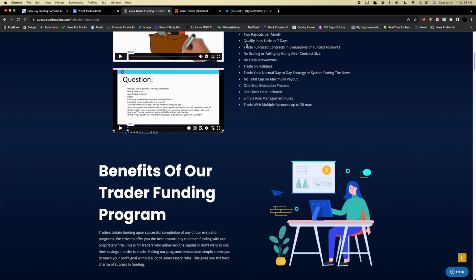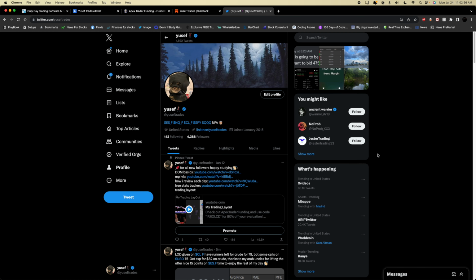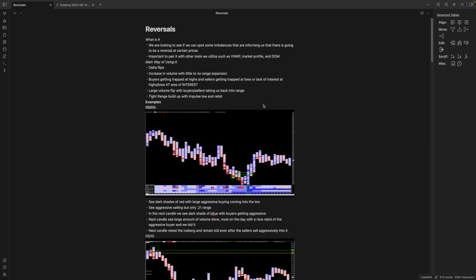So now that this is out of the way, let's go ahead and talk about the different principles. What is it? We're looking to see if we can spot some imbalances that are informing us that there's going to be reversals at certain prices. Once again, I can't emphasize how important it is to pair it with other tools such as VWAP, market profile, and the depth of market.